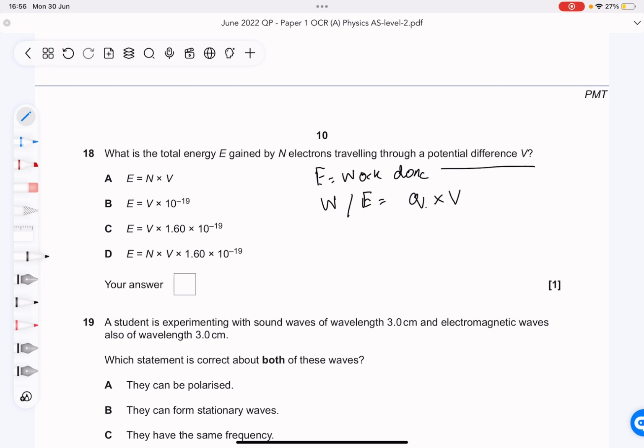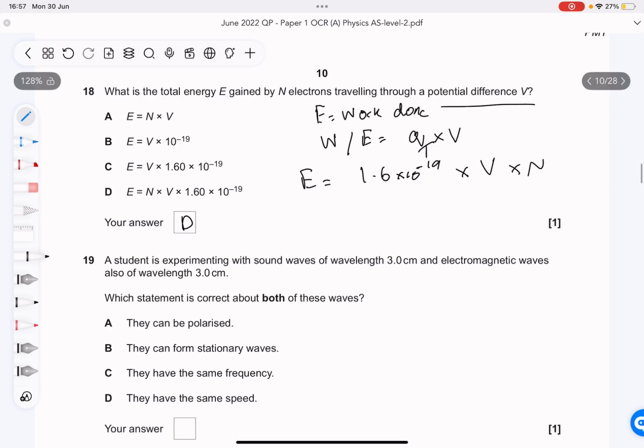Now this charge is the total charge, right? So the energy on one electron would be 1.6 times 10 to the minus 19, because that's the charge of one electron, times V. Now, to get E across all the electrons, I just need to times that by n. So which one corresponds to that? That's D. So the answer is D, right?